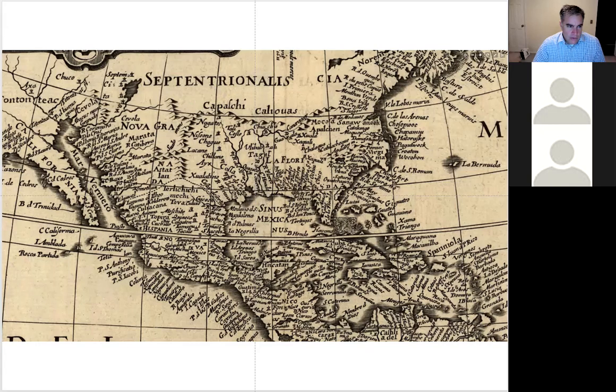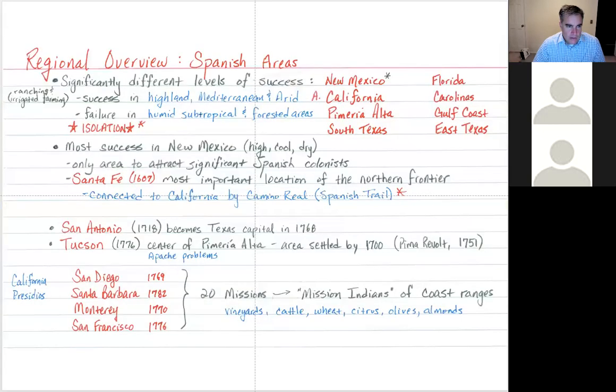All right, well, let's move on to talking a little bit about Spanish Florida and some of the regions, I guess, that we'll talk about. The main Spanish areas, what we call the borderlands, might be divided up into two groups that experienced relative success, and another group that really didn't experience that much success.